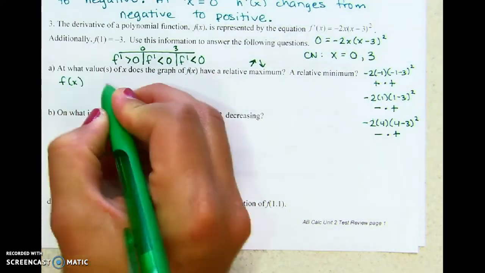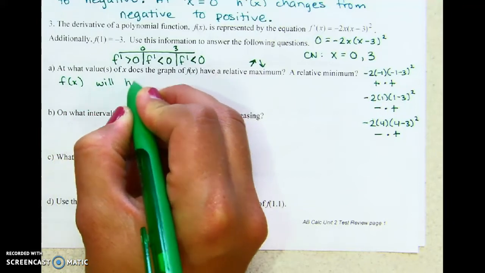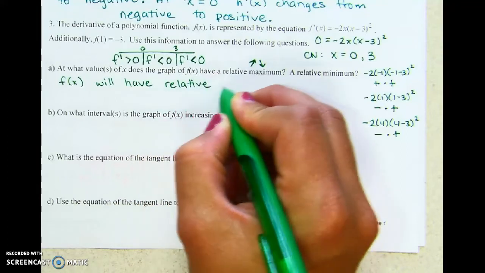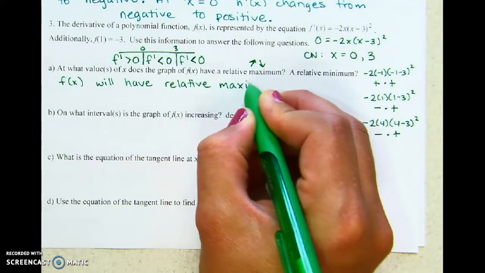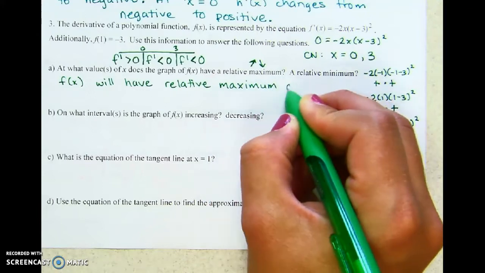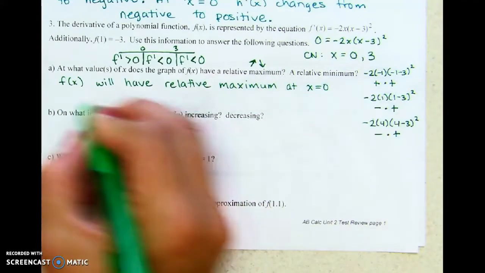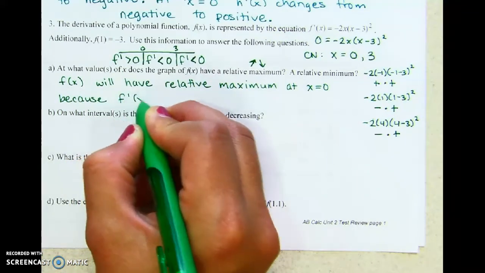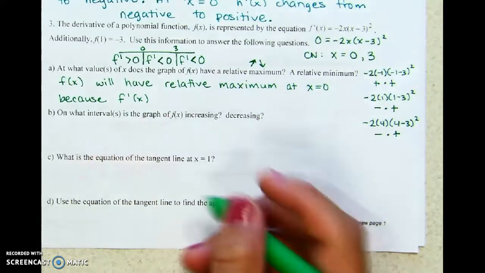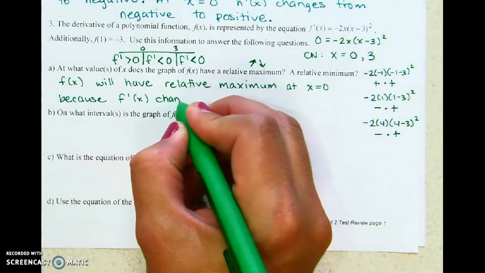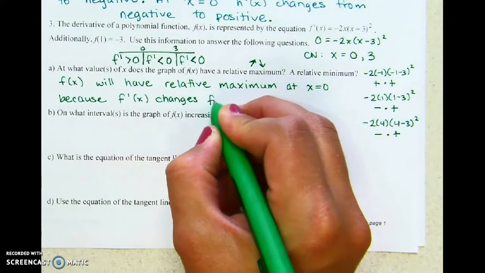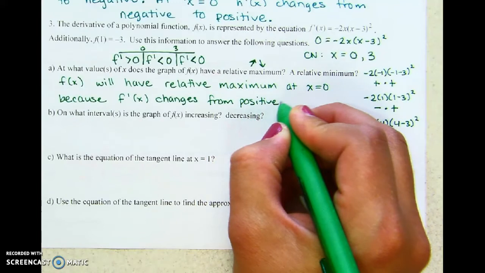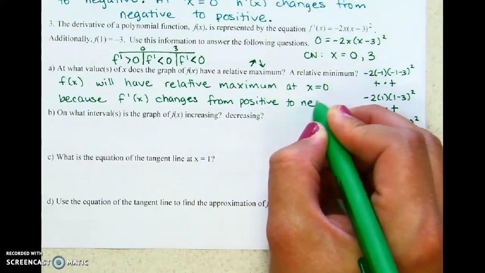So we say in a complete sentence, f will have a relative maximum at x equals 0 because f prime of x changes from positive to negative.